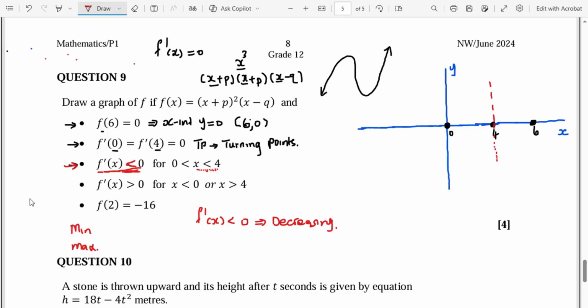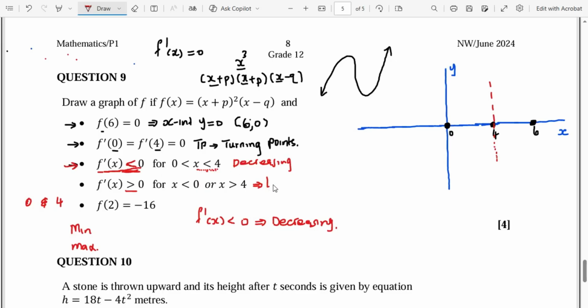We have 0 and 4. We're going to say it is decreasing in this interval, and in the other interval f prime is greater than 0.